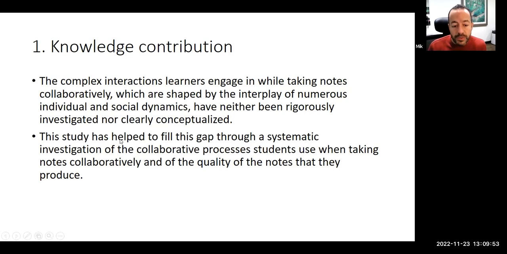Okay, the knowledge contribution is that I think there are many complex interactions that learners engage in when they do anything collaboratively. Of course, this is true when they take notes collaboratively. But those kinds of interactions and processes have never been rigorously investigated or clearly conceptualized.